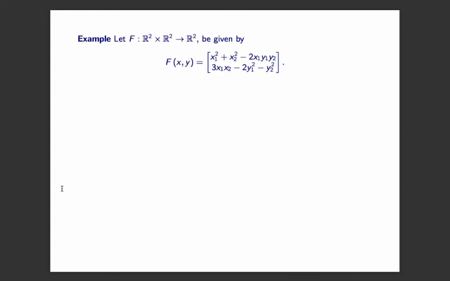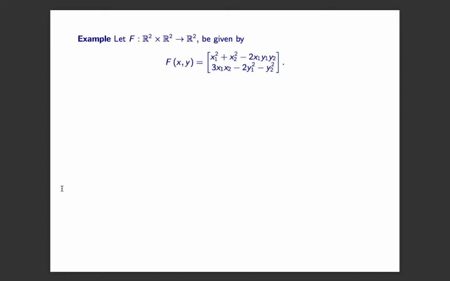So before we get into proving the implicit function theorem, let's work out an example just so that we can see and visualize exactly what this problem looks like. Suppose f maps a two-dimensional vector x and a two-dimensional vector y to a two-dimensional vector. For example, f(x, y) has first entry x1 squared plus x2 squared minus 2 x1 y1 y2.